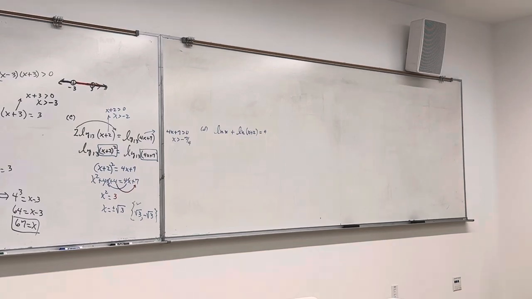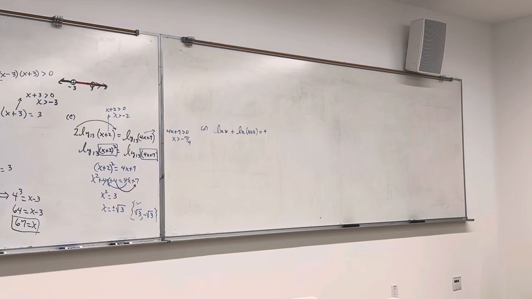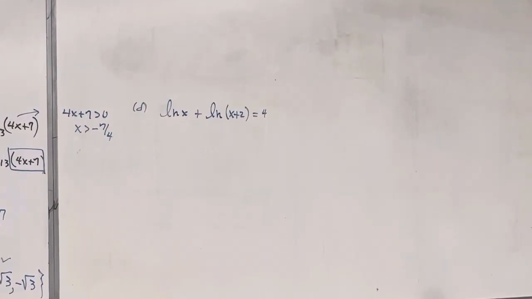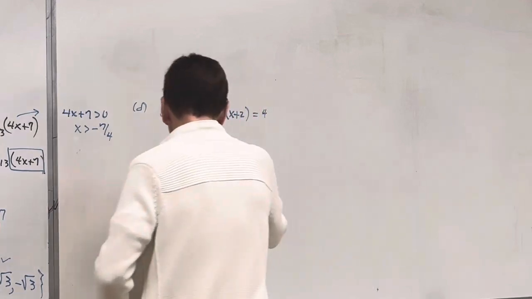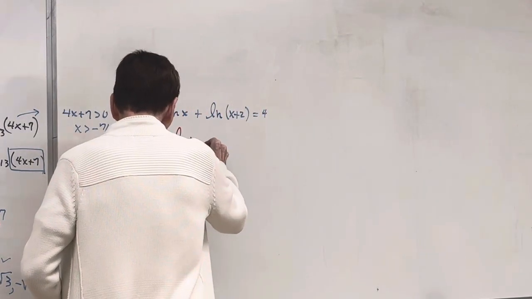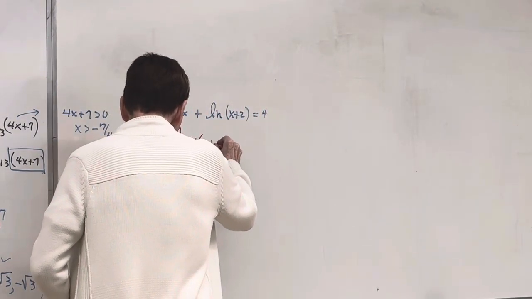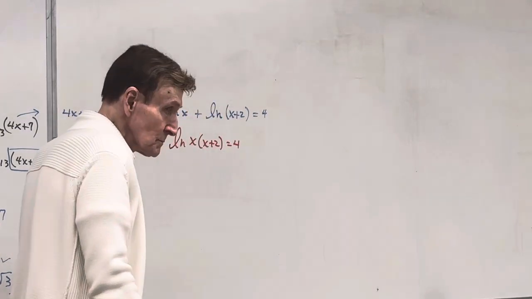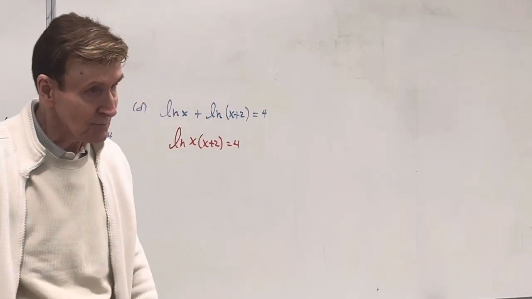Guys, suggest to me, with all we've done tonight, how would you start? X times x plus 2. Can I use the product property? Because you're adding logs, so could I rewrite this as ln of x times x plus 2 is equal to 4? Now here's the issue.